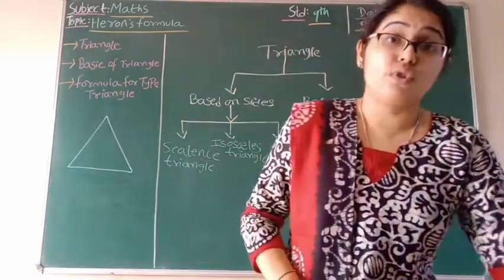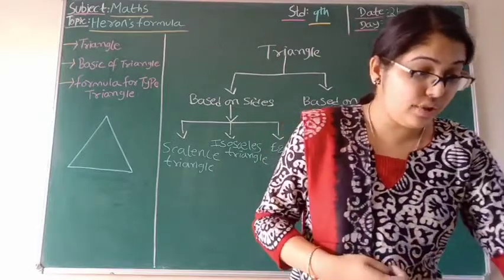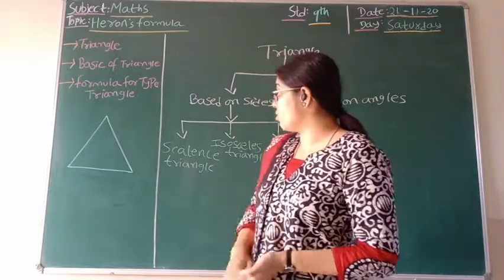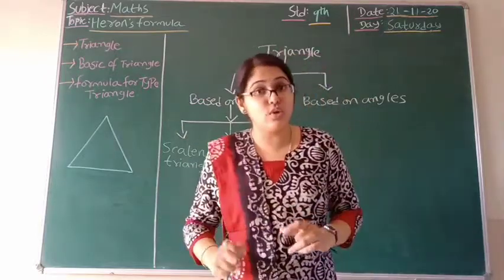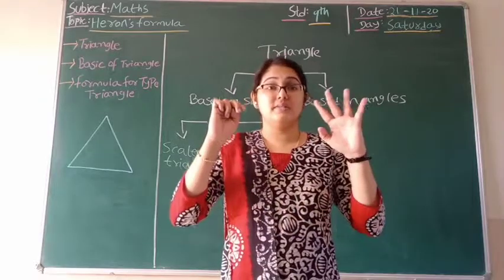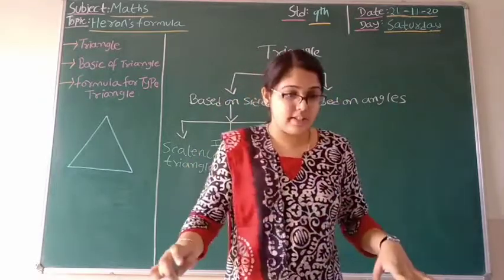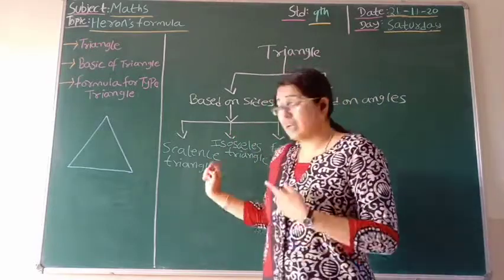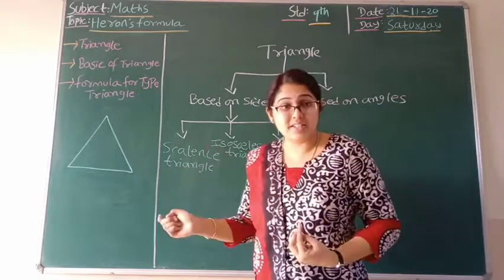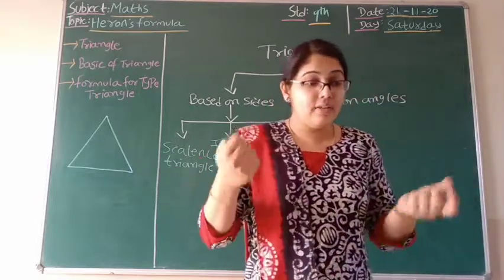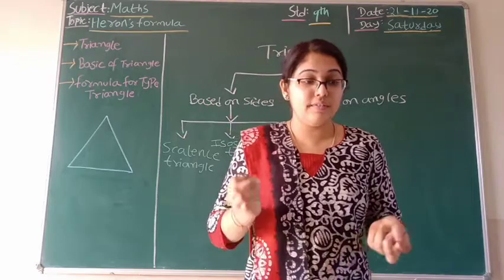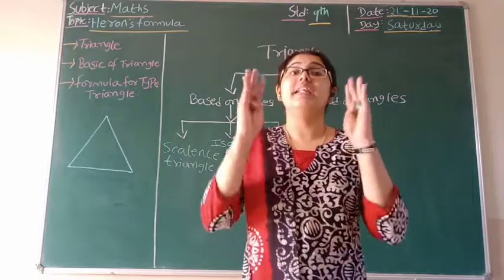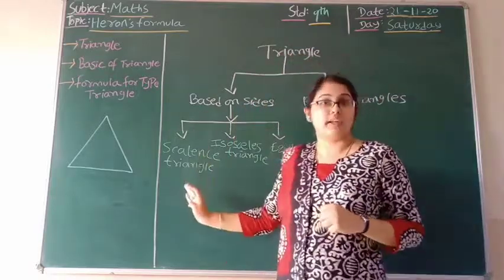If we try to find the area of the triangle, we cannot find it by the Pythagoras theorem in the case of a scalene triangle, even though we have the measurement of each of the sides. It has three different sides, and second, even though we have all three sides, we still cannot find the height of this triangle.